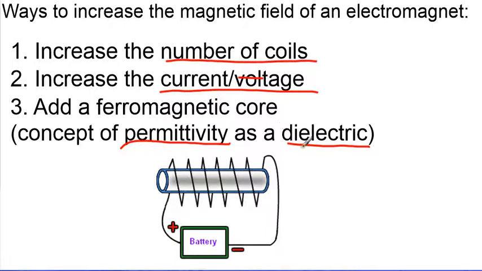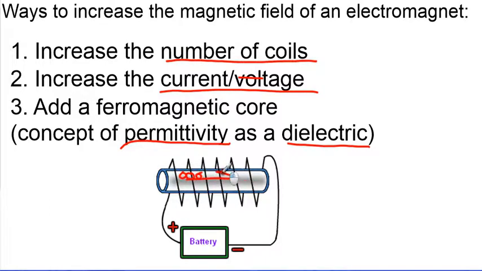And remember, the dielectric was an insulator in that case, but it had special properties in that it could align to the field inside of the capacitor. In the same way, we can think of our iron core as having all of these little domains, and iron by itself is not going to be producing a magnetic field, but when it is exposed to a strong magnetic field, like that of an electromagnet here, these domains can all line up in the same direction.